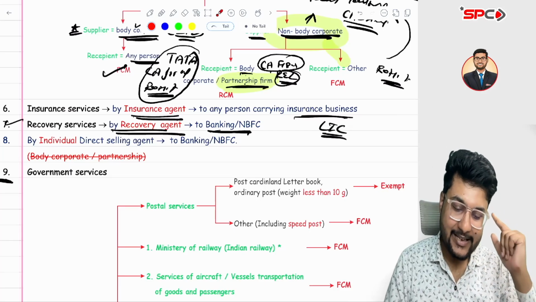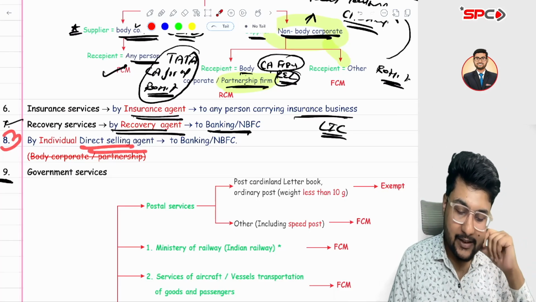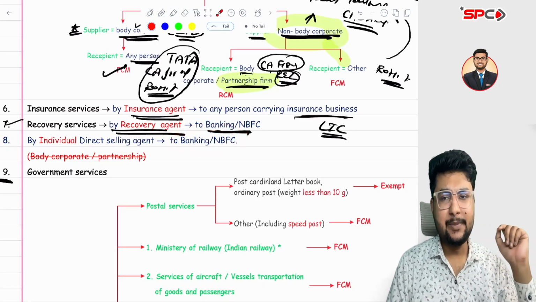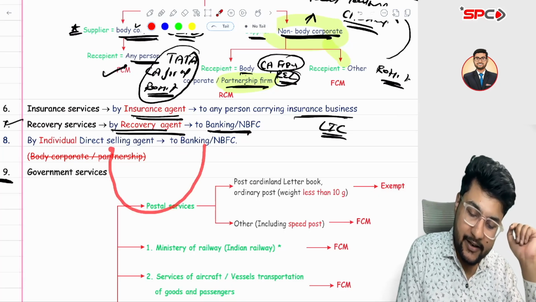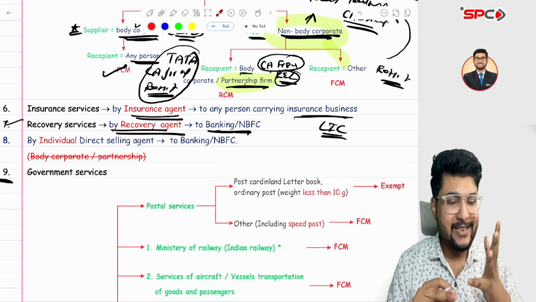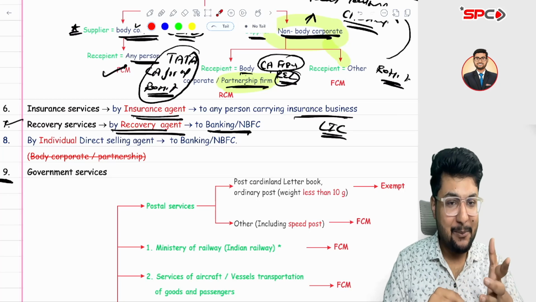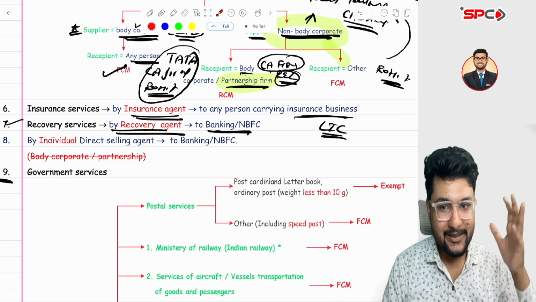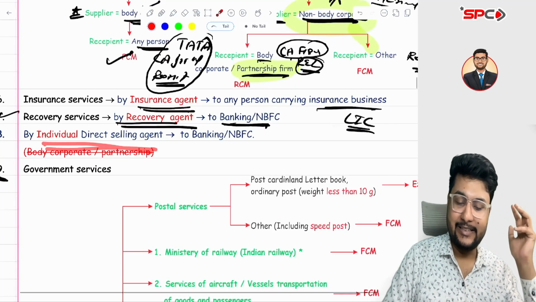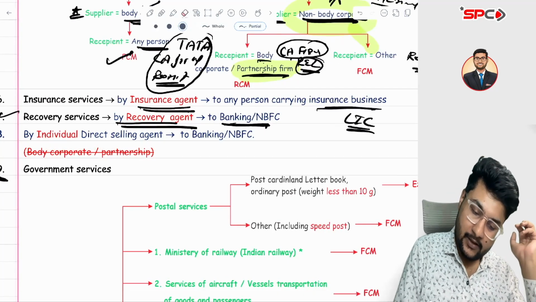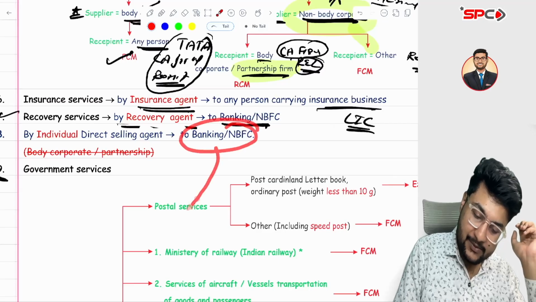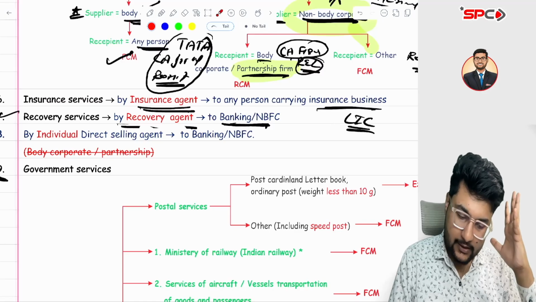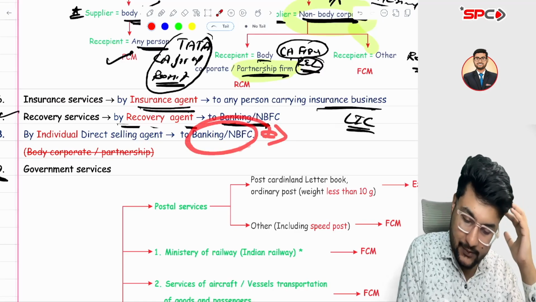Was it clear? Yes. The eighth point is individual direct selling agent, where the bank is the recipient. A bank sometimes hires individual direct selling agents who sell their products. Sir, please take an insurance policy. Sir, please open a bank account. Sir, please take a credit card. They are individual direct selling agents. As remuneration, the bank or NBFC gives them commission for every credit card, debit card and account, so on that the bank or NBFC will pay the tax.